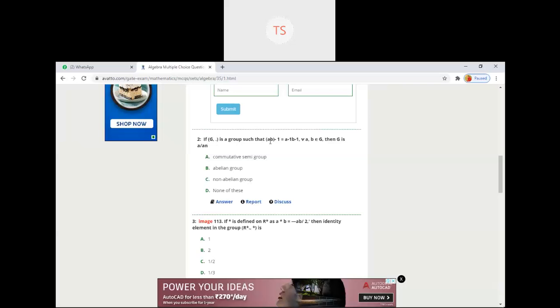The definition is given (AB)^-1 = A^-1 B^-1.